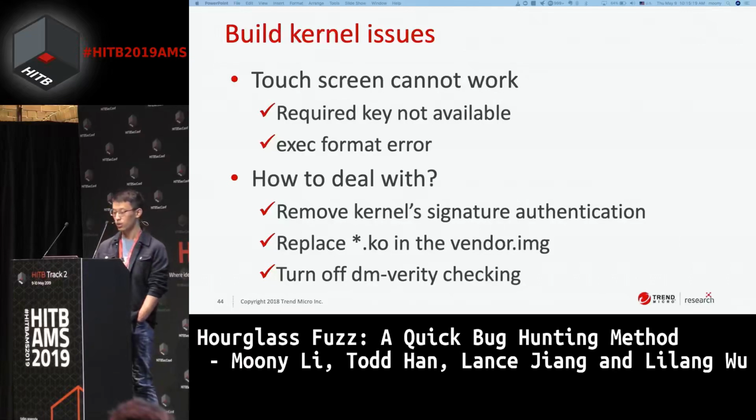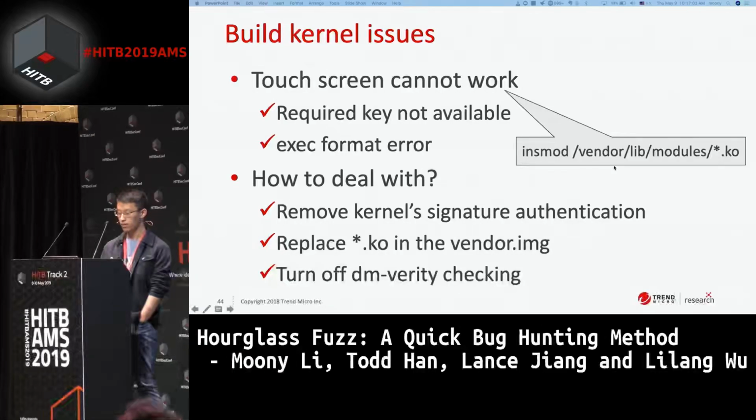The solution is to remove the signature authentication of the kernel and modify the files in the vendor.img provided by Google. Last but not least, we need to turn off the DM verity checking. Otherwise, the new vendor.img will fail to load. Then use insmod to load the ko files.